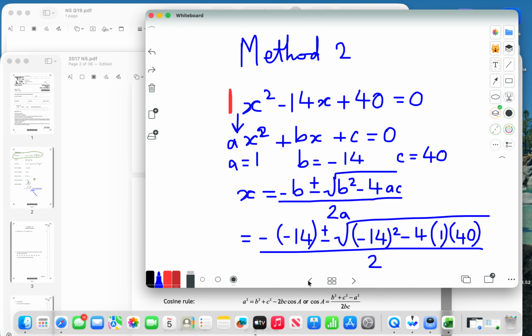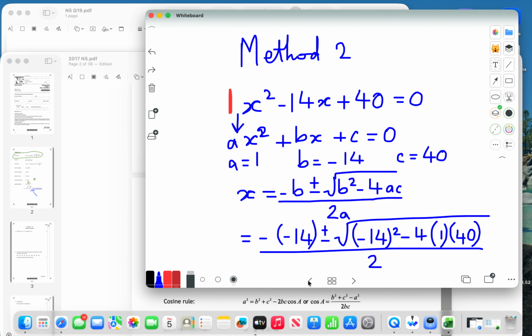and you should be aware of the concept of the discriminant, b squared minus 4ac. If that's equal to 0, you will get plus minus the square root of 0, so you'll just get one solution. Well, it's two real and equal roots.